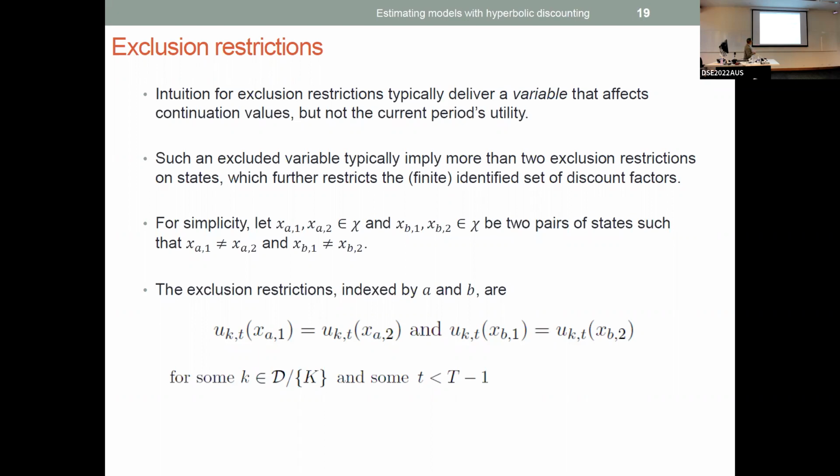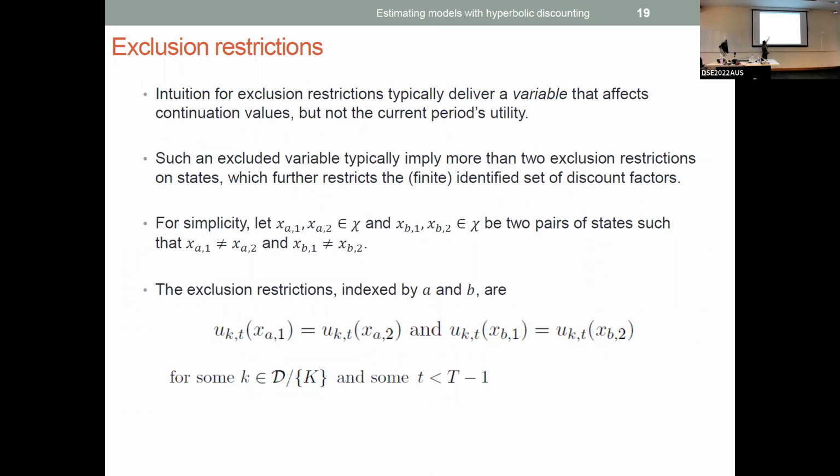For simplicity, let there be two pairs of states, X_A1, X_A2, and X_B1, X_B2. The exclusion restrictions indexed by A and B are given in a low-level form, in terms of utility flows.